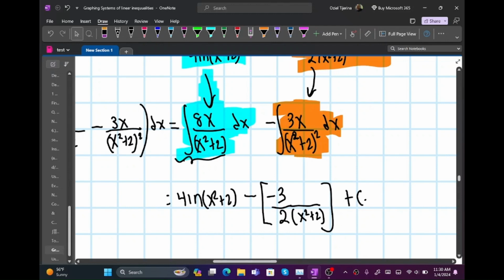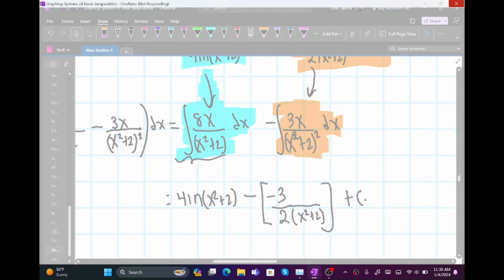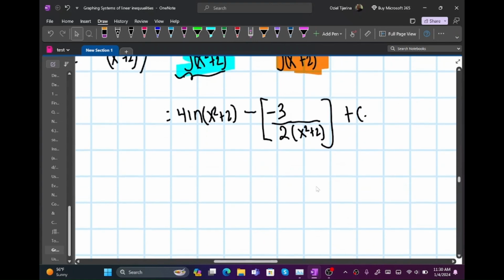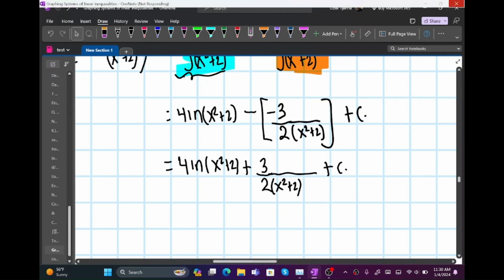Now the last part is to fix your negative signs here. So this is going to equal 4 natural log of x squared plus 2 plus 3 over 2 times the quantity x squared plus 2, and then plus our constant of integration, c.